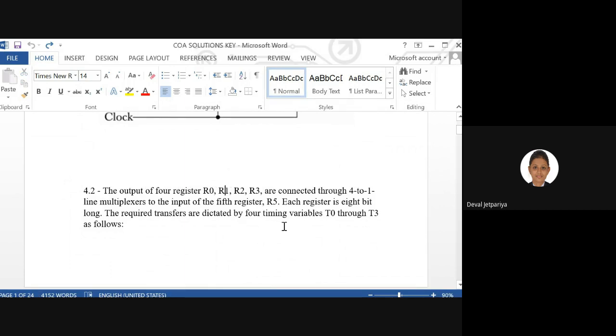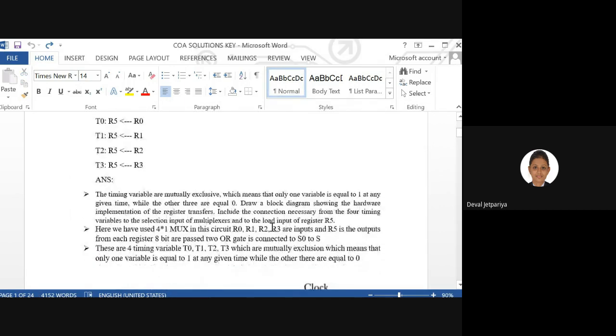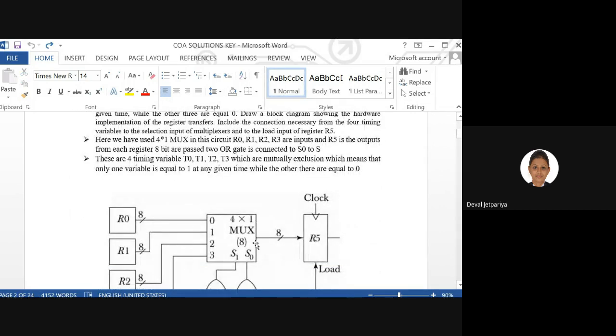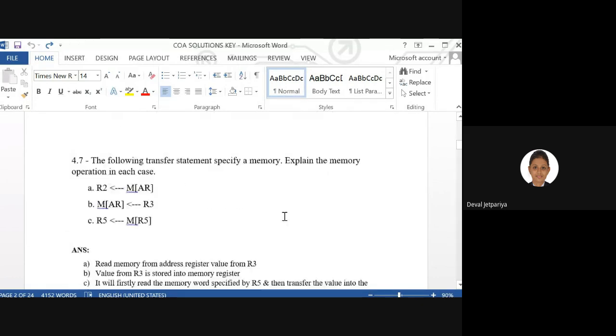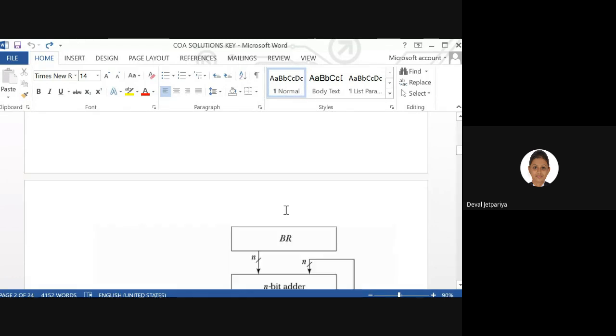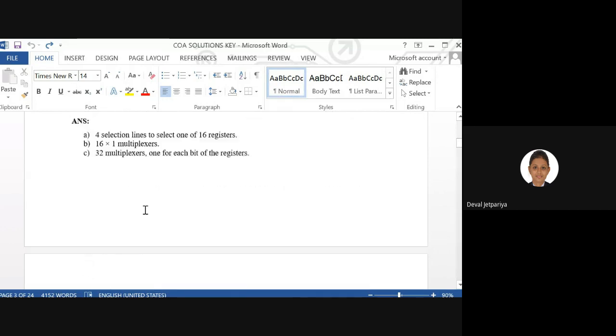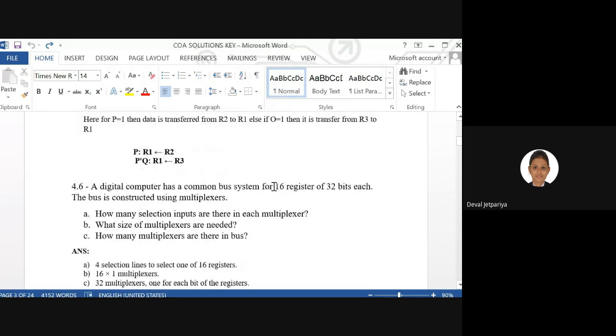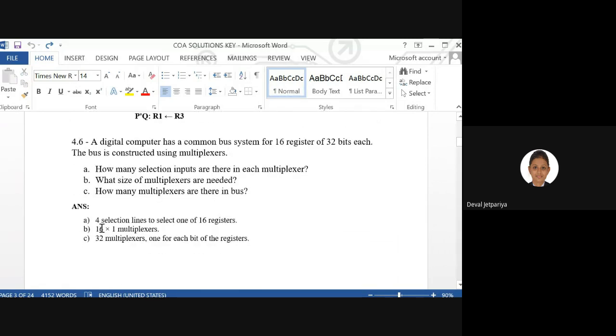So if there are 4 registers, then we had taken a multiplexer whose size is 4 cross 1. Do you get this? 4 cross 1. Same way here, if we require 16 input registers to display, definitely the size of the multiplexer is 16 cross 1. Okay, fine.